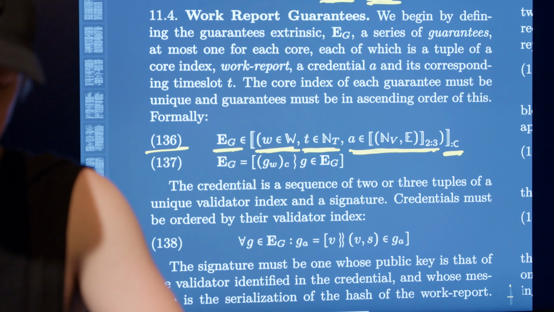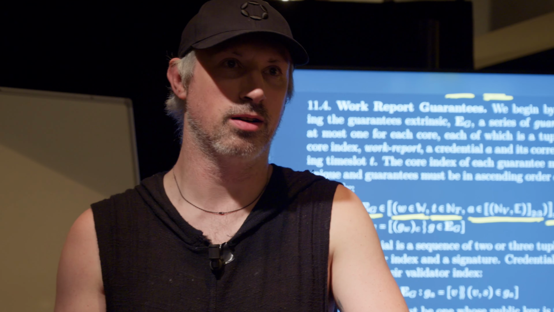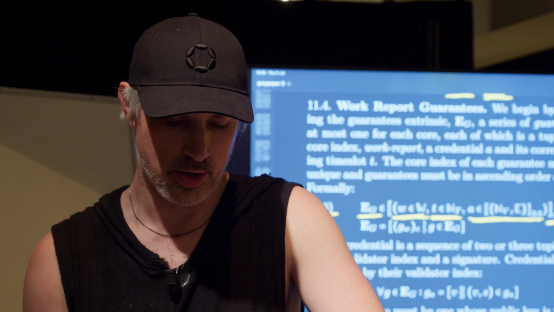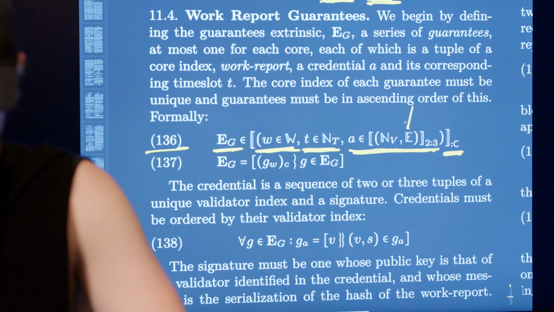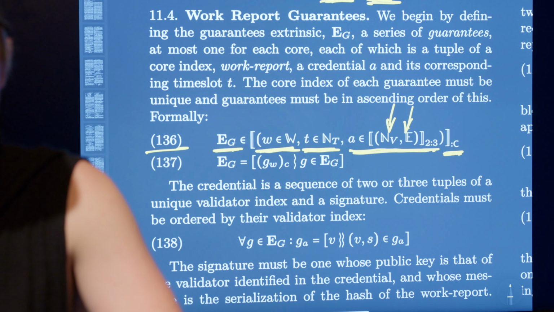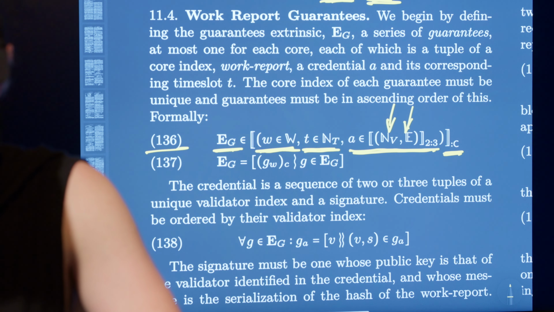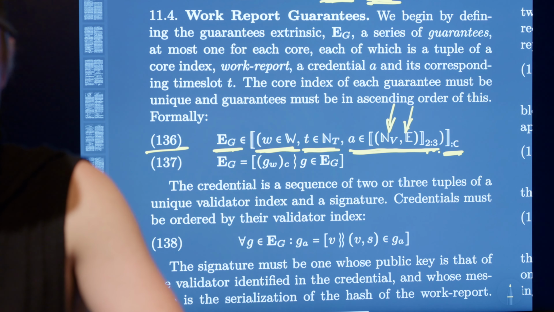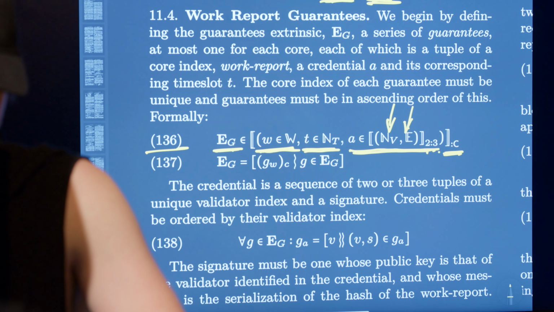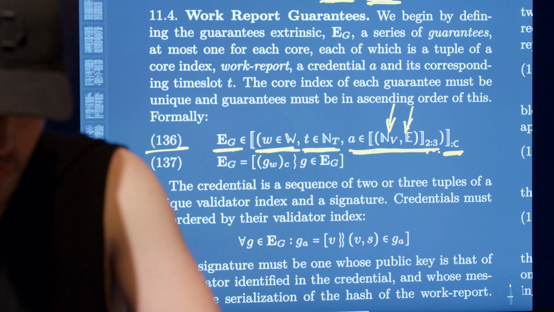Credentials, okay. Some signatures, right? That's what they are. Signatures together with who is signing: validator index, so who is signing, and then their signature. And we can either have 2 or 3.